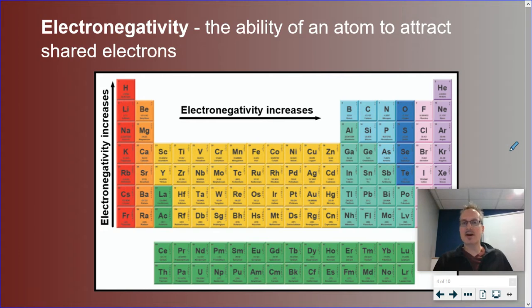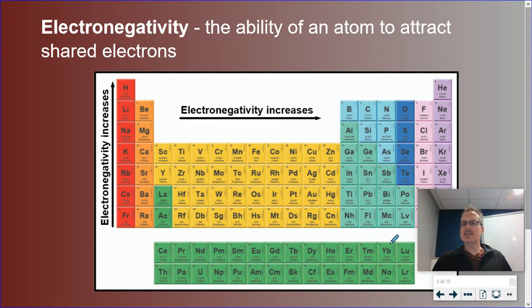A quick scan of your periodic table would show you that everybody has an electronegativity value except noble gases. There's a reason for this. Electronegativity is the ability of an atom to attract shared electrons, and a noble gas doesn't want to share electrons. Therefore, a noble gas isn't going to attract electrons.